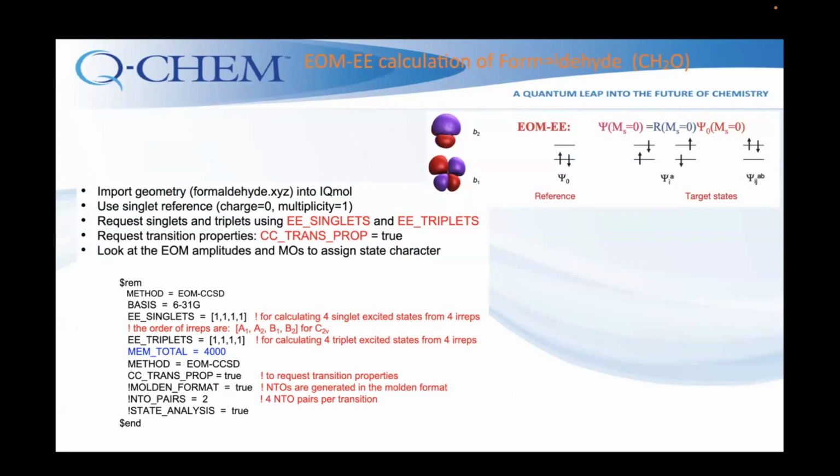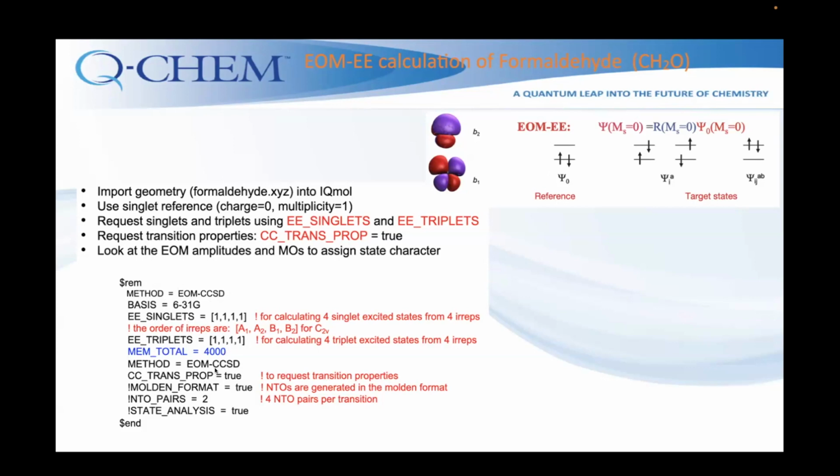So here is just a very brief description of what you will be doing. If you do excited state calculation with equation of motion coupled clusters, you will need to select in IQMol the proper method, and then you need to tell what type of states you wish to compute, whether you want singlets, triplets, both of them, and how many in each symmetry representation.